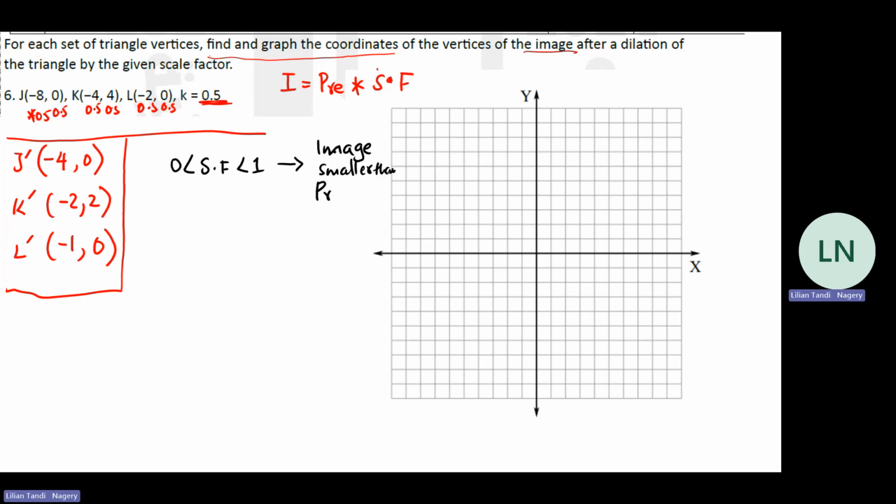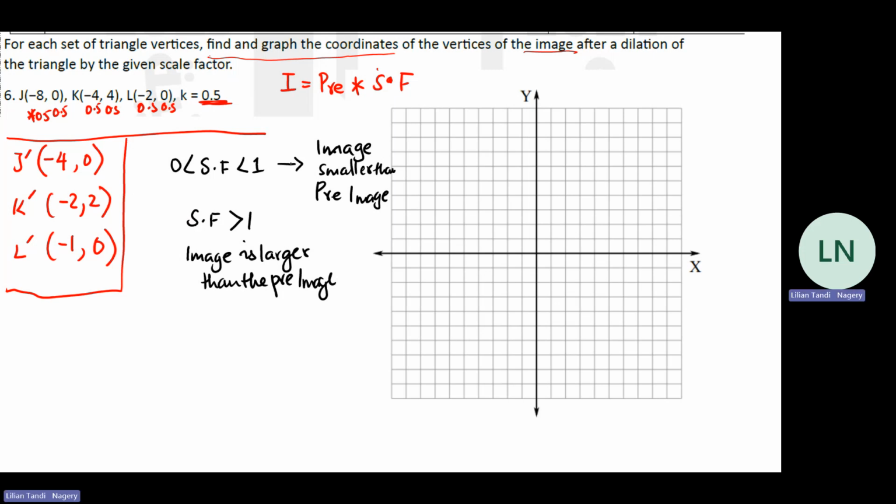That's how you should check your work. If the scale factor is greater than 1, it means the image is larger than the pre-image. So you check your work.